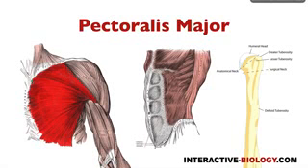And the origin of the sternocostal portion, as you can see here, some of it at least, number one, it's going to be the anterior surface of the sternum. And the part that you can't see is that it's also attached under here to the upper 6 costal cartilages. So the upper 6 costal cartilages.